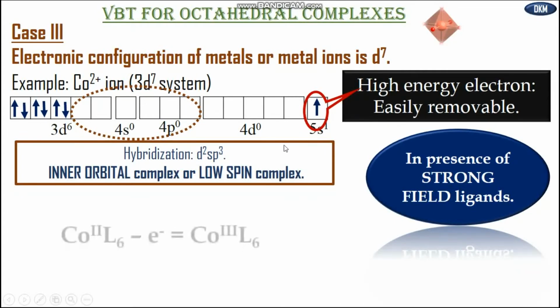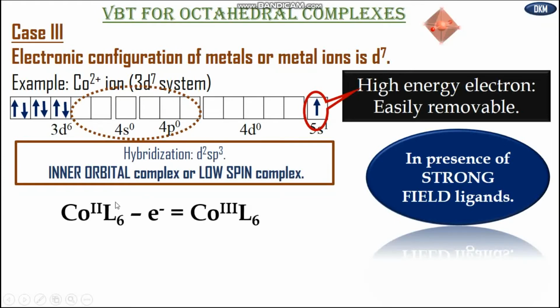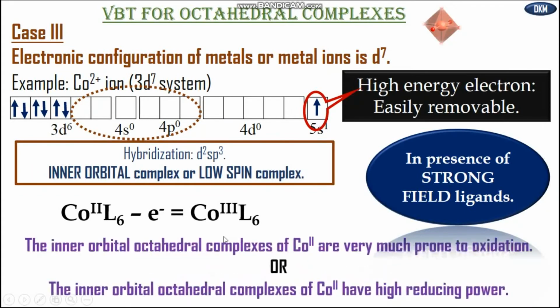For example, octahedral Co2+ complex with strong field ligands easily releases an electron to form Co3+ octahedral complex. So, we can say that the inner orbital octahedral complexes of Co2+ are very much prone to oxidation, or the inner orbital complexes of Co2+ have high reducing power.